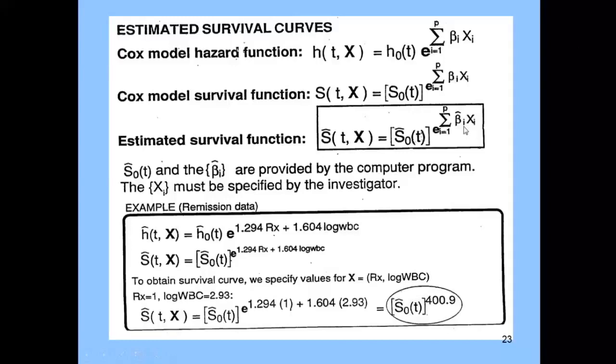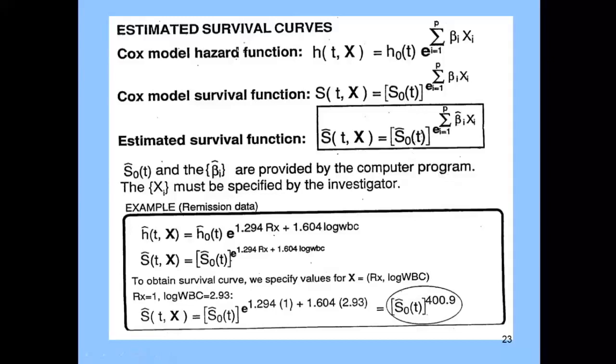It also turns out, believe it or not, even though the baseline hazard isn't specified, there's a mathematical formula, but it's complicated, that the computer can use to actually estimate the baseline hazard function, even though it's not specified. You can estimate that using the data, and then convert it to its survival form equivalent, the baseline survivor curve.